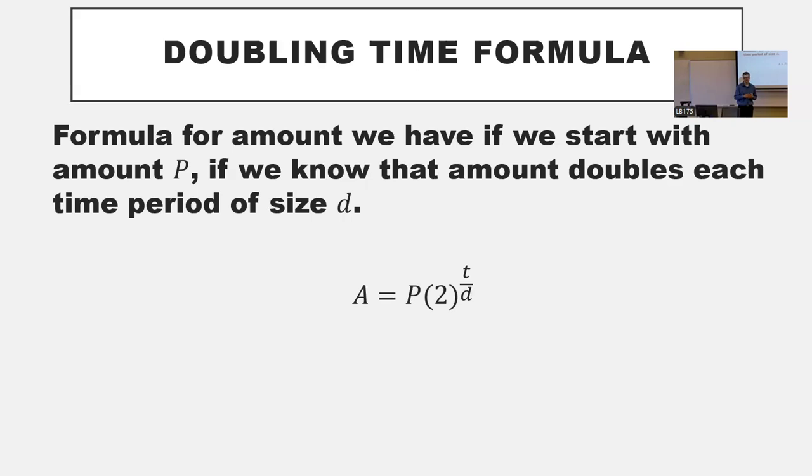So our exponent is going to be T divided by D. D there is the doubling time. That way, every time T reaches D, we multiply by 2. So it's P times 2 raised to the T over D power.